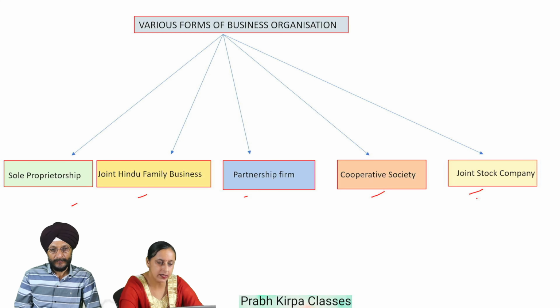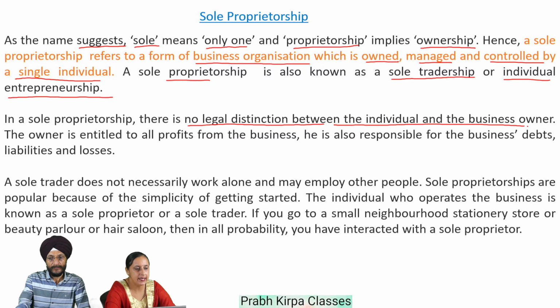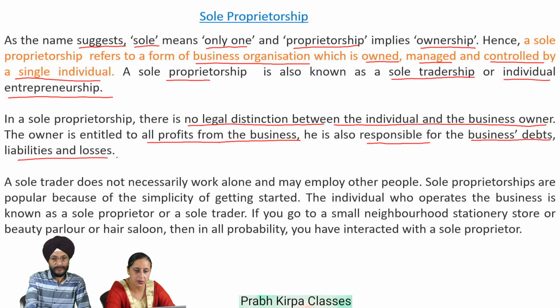A sole proprietorship is also known as a sole tradership or individual entrepreneurship. In a sole proprietorship, there is no legal distinction between the individual and the business owner. The owner is entitled to all profits from the business. He is also responsible for the business debts, liabilities, and losses.